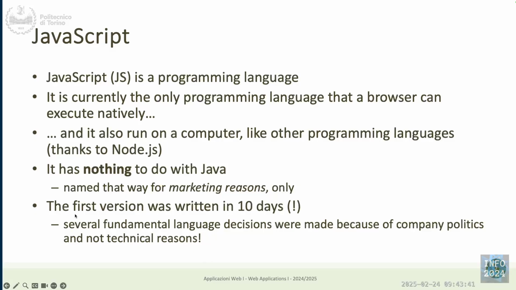I think the most important point of this slide is that the first version of JavaScript was written in 10 days by one person. Okay? And combined with the backward compatibility that we always want from a programming language, it means that even today, many years after, we still have in the language some design decisions that were made by one person in 10 days in a hurry.